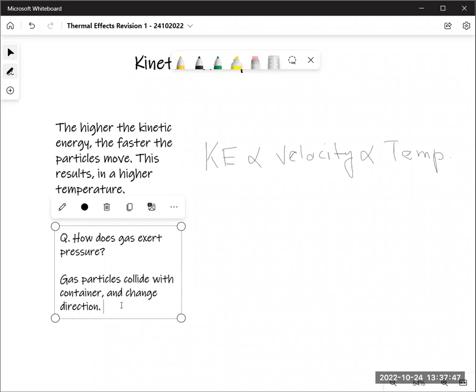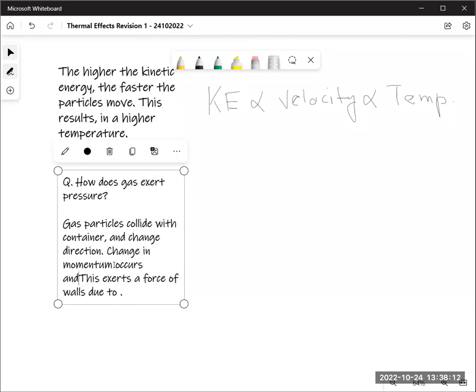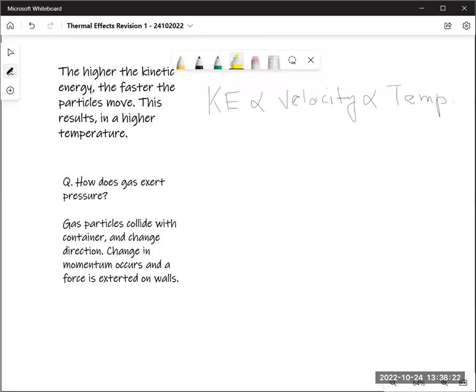Let's just say this exerts a force on walls due to change in momentum. Or let's say, change in momentum occurs and a force is exerted. Now, the word change in momentum is the key part here.